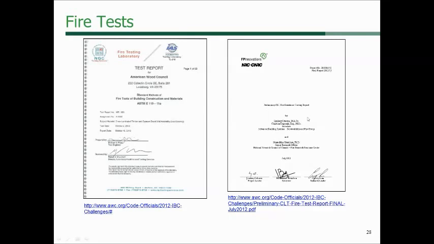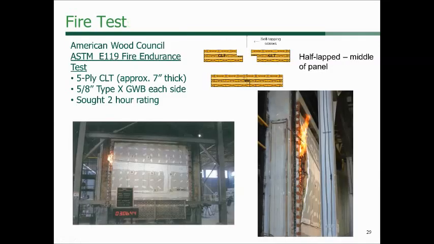You can link on this and download these fire tests. The most recent one related to the 2015 IBC is a test that was done by the American Wood Council that showed that there is fire resistance of more than 3 hours for a cross-laminated timber assembly.